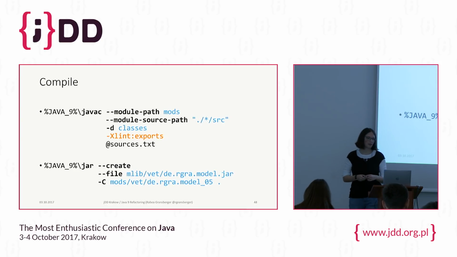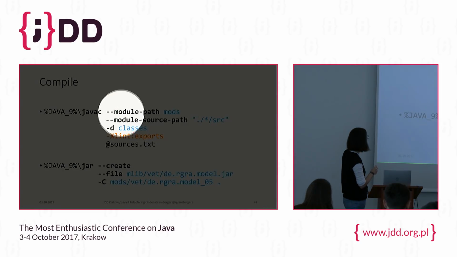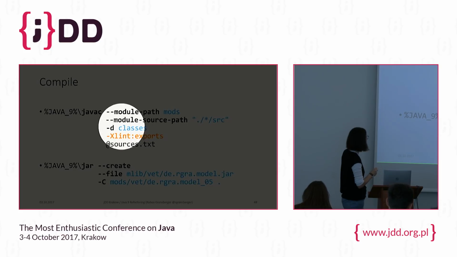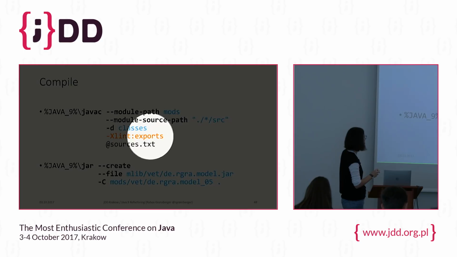So quickly, deployment. The main thing is if you want to compile something, you don't have the class path anymore. You have the module path, and you don't have the source path anymore. You have the module source path. So this is mainly how you compile it. What you should do here is put the exports in to make sure that everything you have in your public API is actually also exported in the packages.